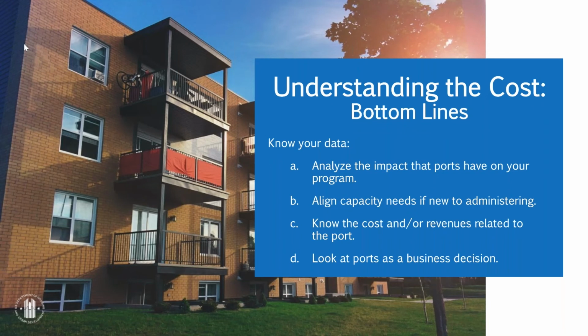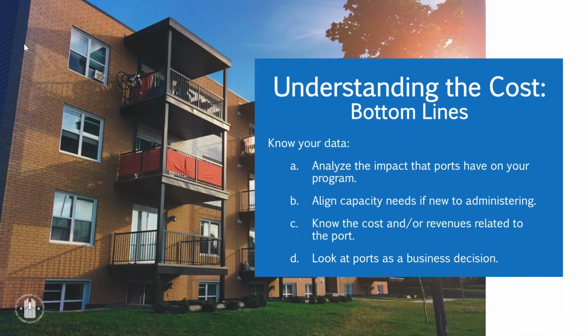So know what your capacity needs are going to be as it relates to administering ports. Know the costs and or revenues related to ports, knowing that a lot of times your port outs that are being administered and billed by another PHA are going to be higher than your current per unit costs, and that can often be augmented through the set-aside funding.